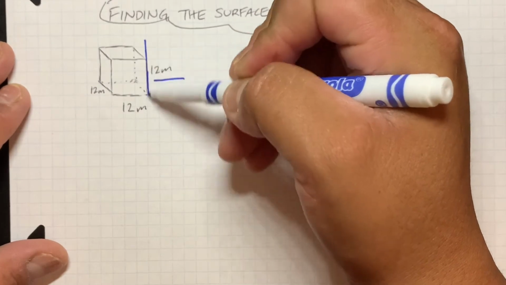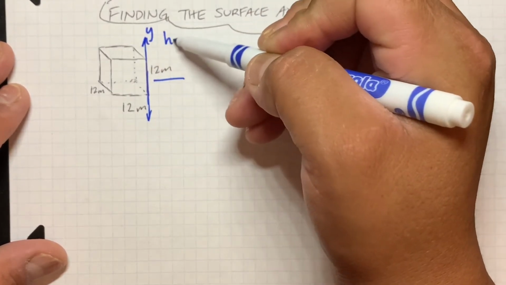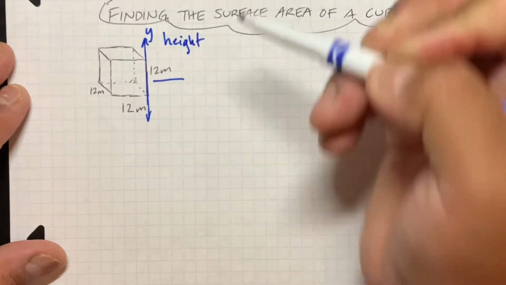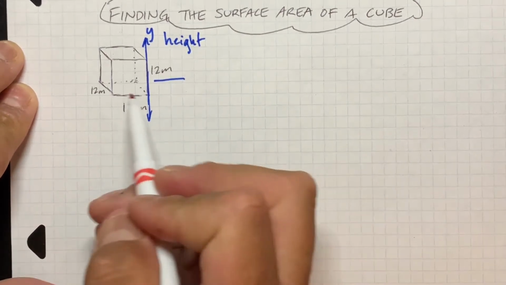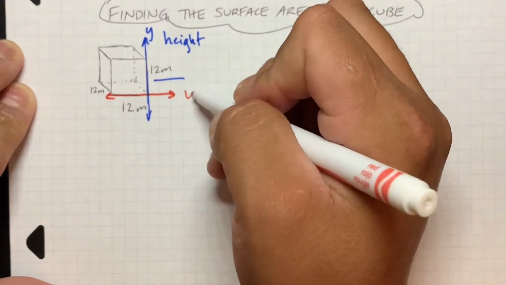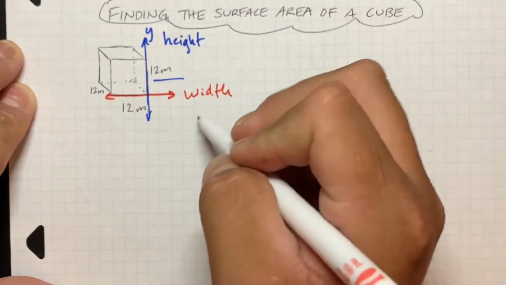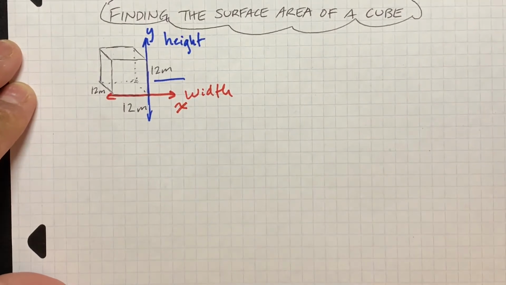So we're looking here at the y-axis, and that's the height, 3 meters tall. Next, another dimension is going to be the width. And again, that is the x-axis, so how wide is that?